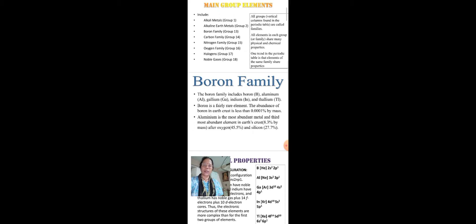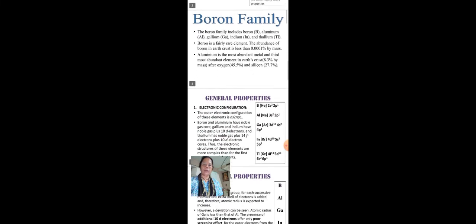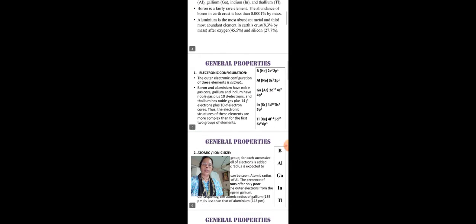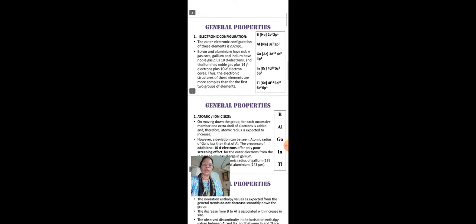Let us see the general properties of these elements. The outermost electronic configuration, as we have seen on the slide, is ns2 np1. Boron and aluminium have a noble gas core. Gallium and indium have a noble gas plus 10 d electrons, and thallium has a noble gas plus 14 f electrons plus 10 d electron core.